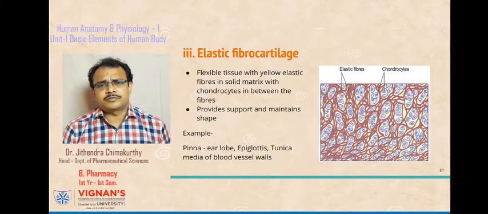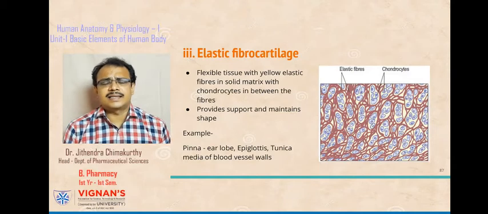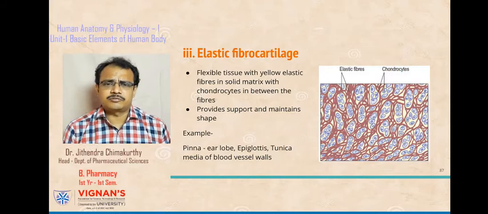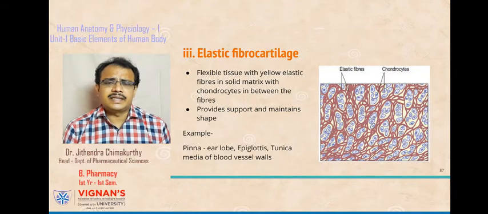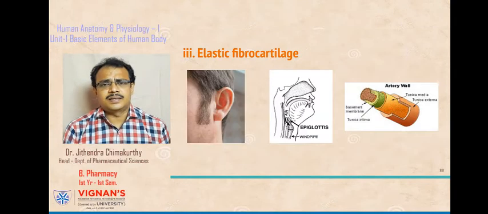The other type of cartilage is elastic fibrocartilage, and it has considerable elasticity because of the elastic fibers which are present and the widely distributed cells. The elastic fibrocartilage gives flexibility and also maintains the shape of that particular tissue.